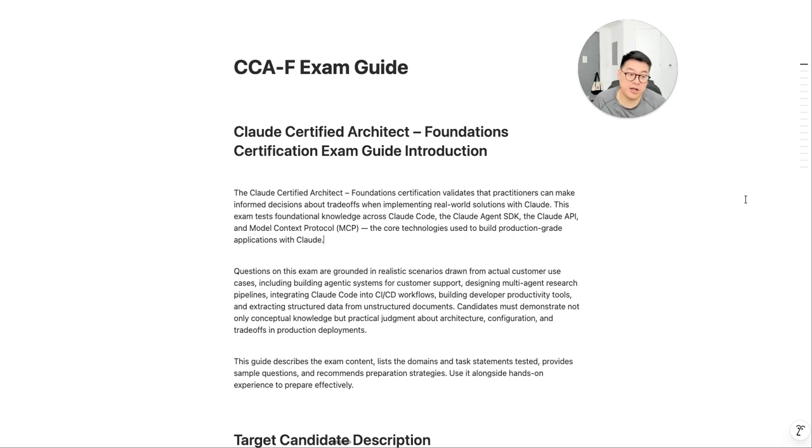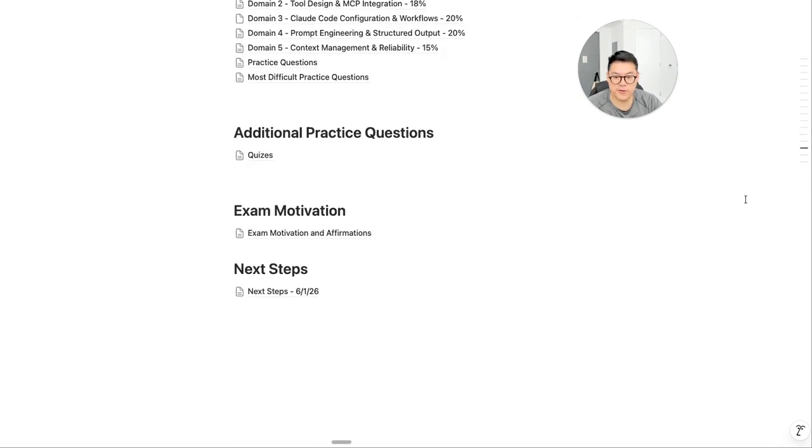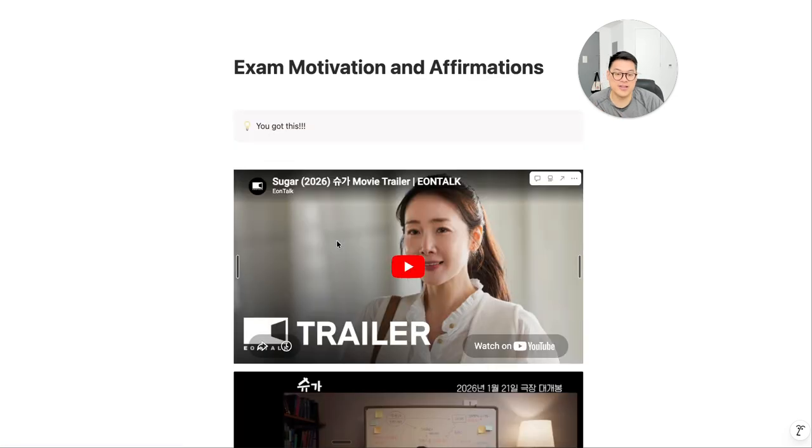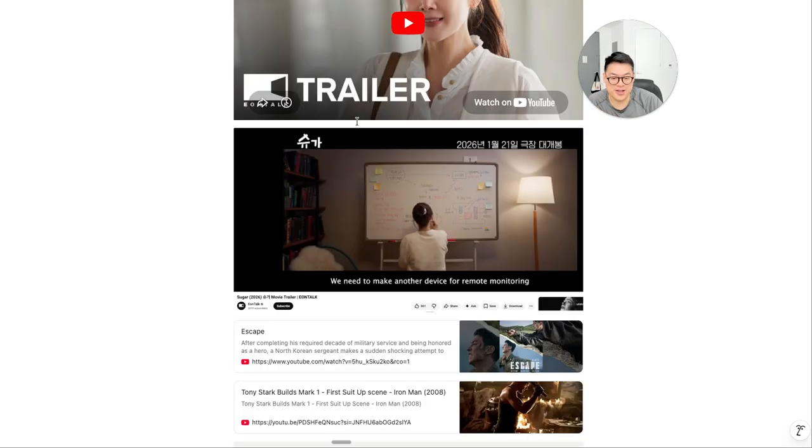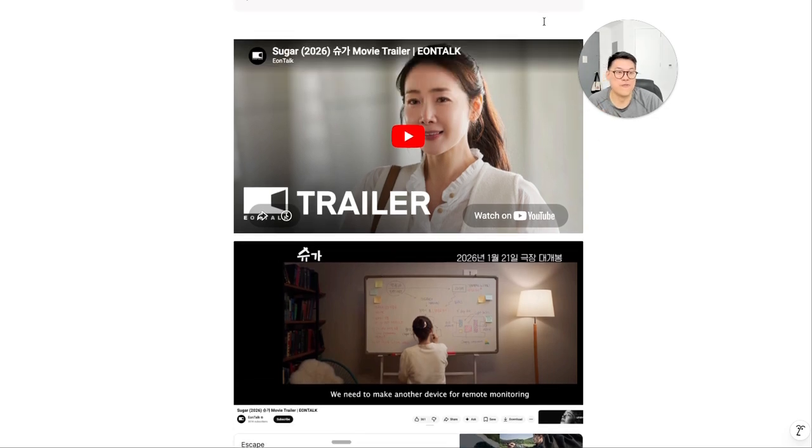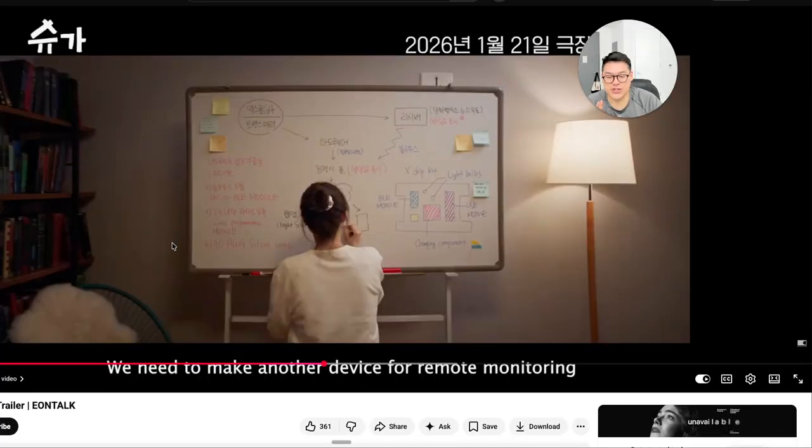Now, I've given a lot of context and information, but what I really want to install with everybody is a certain degree of motivation to keep going. I actually have this as a list right here. You totally got this. As somebody that studied film as a minor, I'm going to give a little shout out here. There's this movie called Sugar.